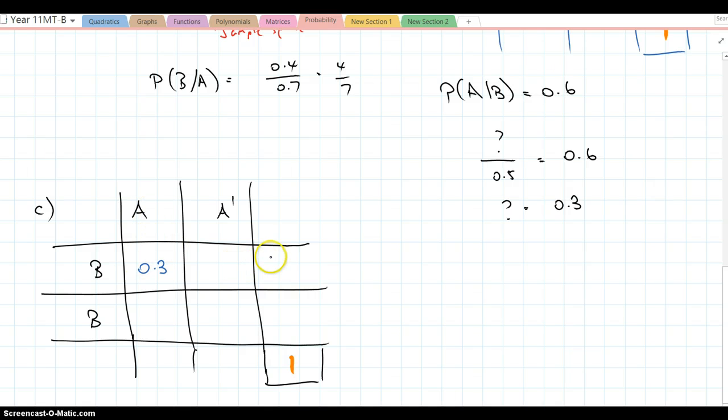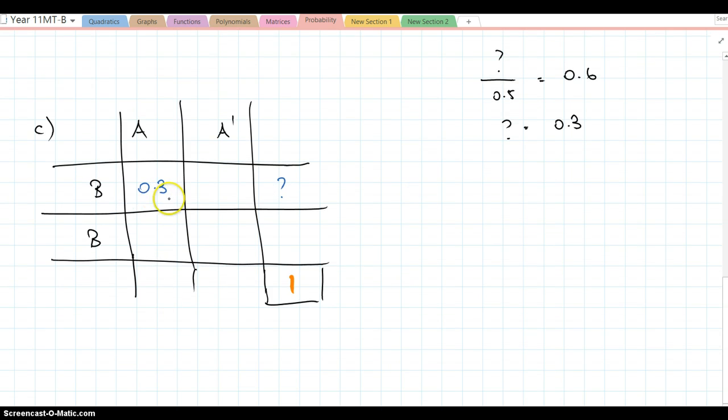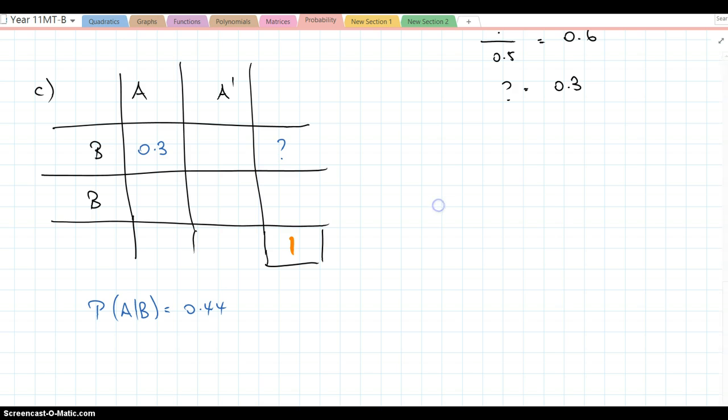So A given B. What I want to know, I don't know what this is. That's going to be useful, but I know that 0.3 of it, because that's my sample space, probability of A given B, is 0.44. So that bit of that is equal to 0.44.